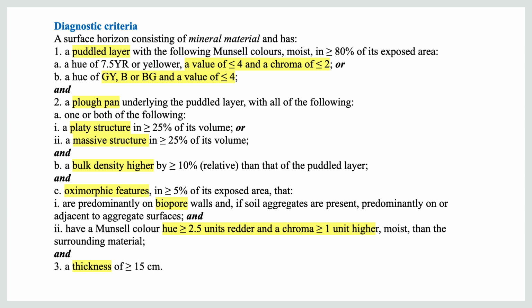This plow pan also should present a bulk density at least 10% higher than the surface layer.